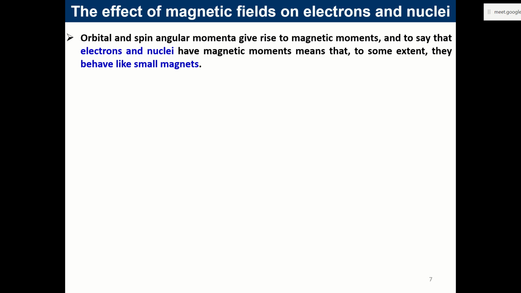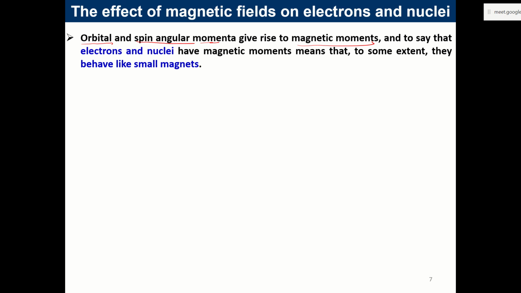If we are discussing electrons, you have two components, the spin angular momentum and orbital angular momentum. Momenta is the plural of momentum. It is the spin angular momentum and orbital angular momentum which give rise to a magnetic moment.